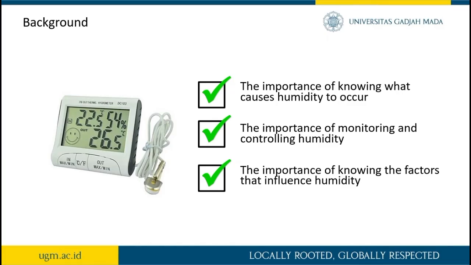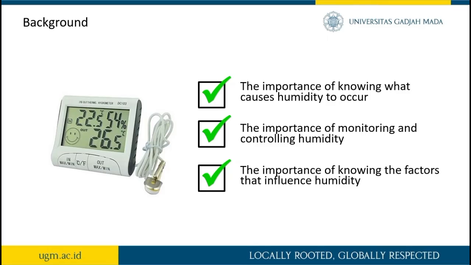In this discussion, we use the multiple linear regression method, and the dependent variable is humidity. The independent variables are four parameters: rainfall intensity, wind speed, the duration of solar radiation, and temperature.